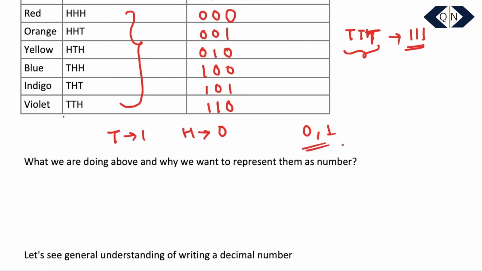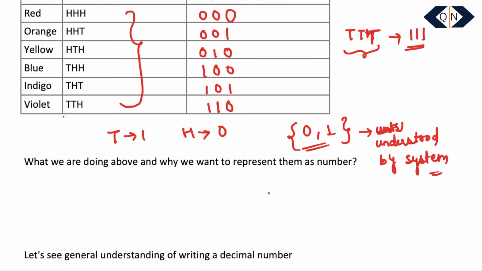So we want every physical system to be stated as 0 and 1 so that it can be understood by the computer system.